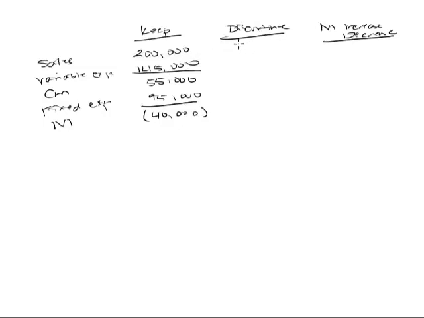So if we discontinue, we're not going to have any sales. We're not going to have any variable costs. So we're not going to have any contribution margin. But will we have fixed costs? Well, we said that you'd get rid of the 35 that was dedicated to this product line. That will go away. So that means that the rest of it, we still have $60,000 that we have to do something with. So now we're going to have a loss of $60,000 if we discontinue this. All right?